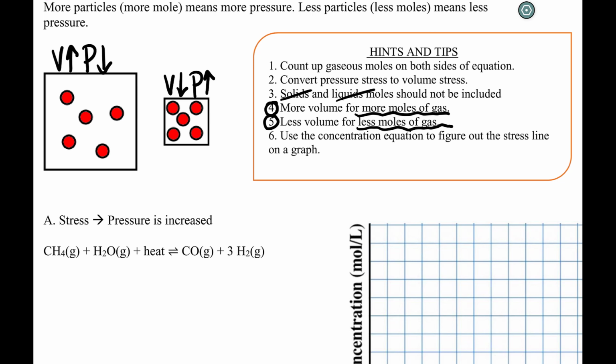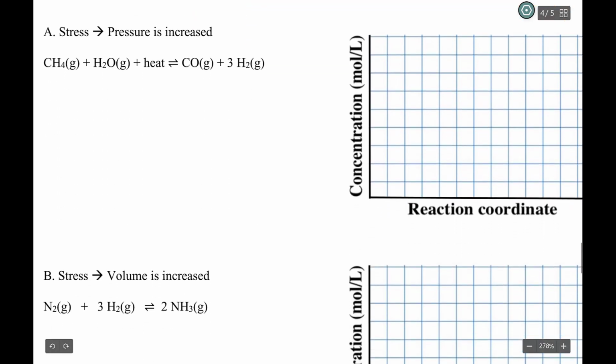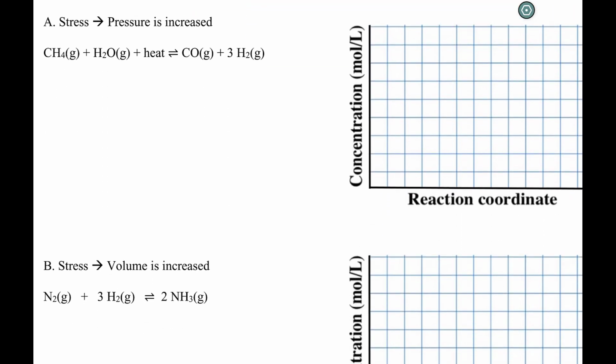Okay, now number 6, I'm going to spend a bit of time on it. This one is often glazed over in a lot of lessons for this stress, but understanding how to do the graph here requires an extra step. So let's start with this first question. First of all, it says the stress is that pressure is increased.